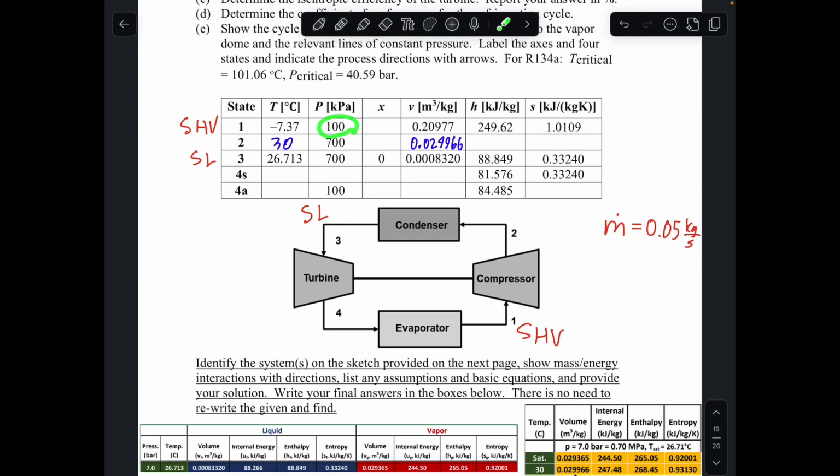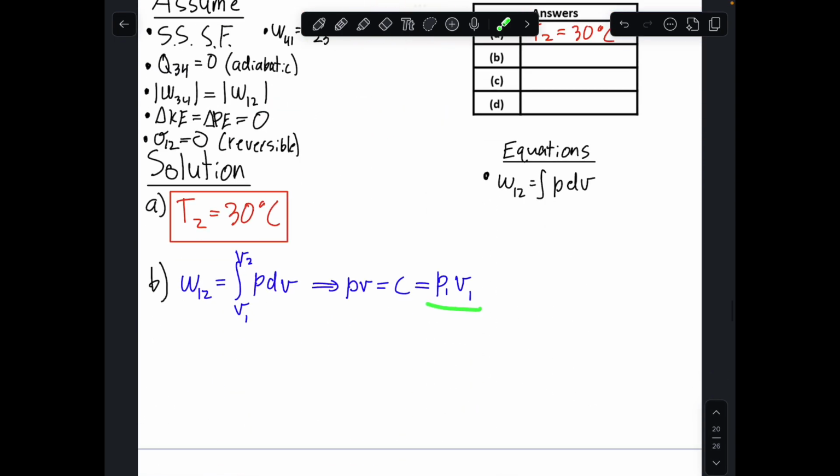P1 is 100 kPa, and V1 is 0.20977 meters cubed per kilogram. This is going to be equal to 100 kPa times 0.20977 meters cubed per kilogram.